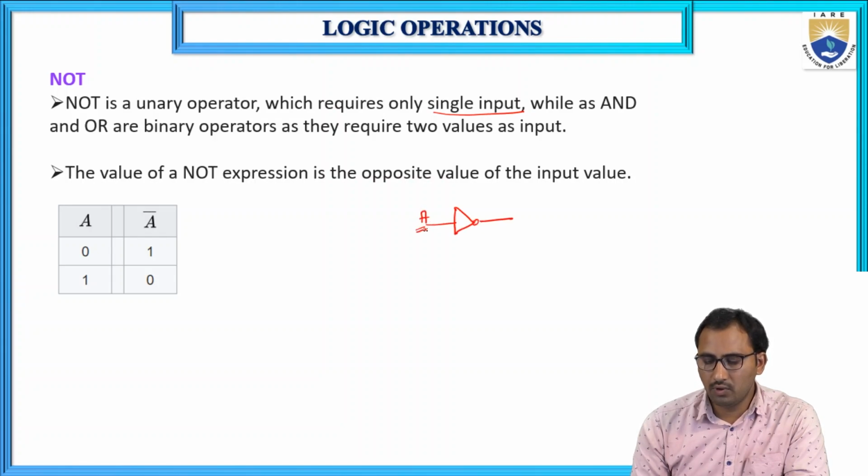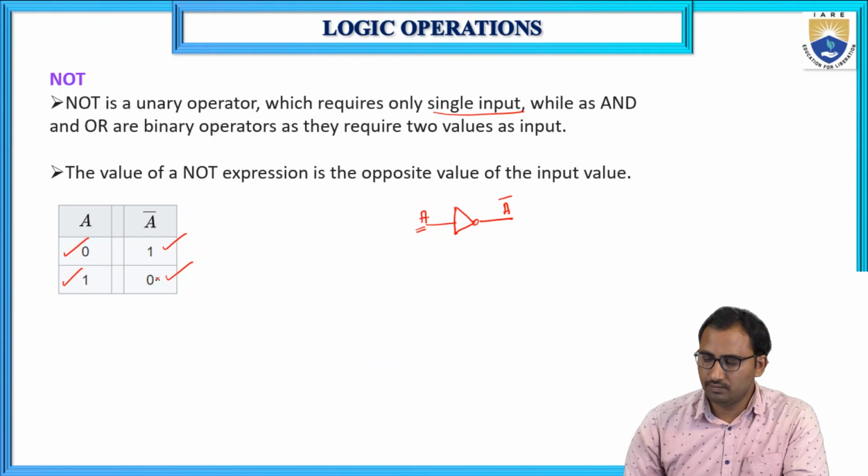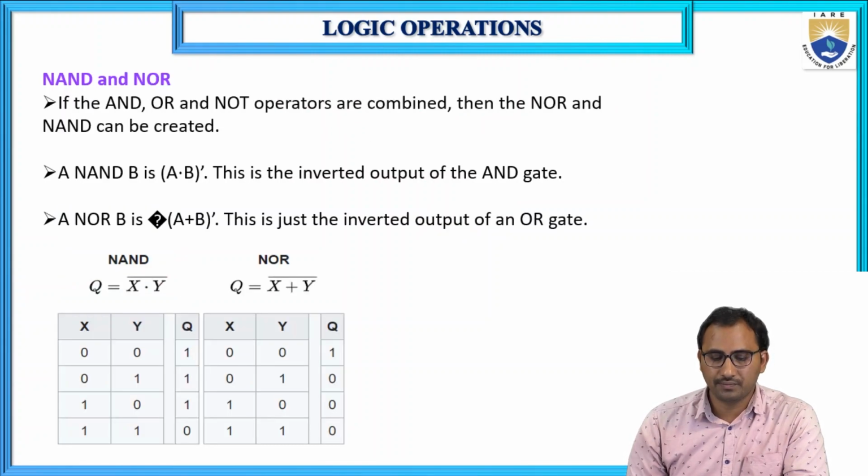If you assume A is the input of the NOT gate, then the output of the NOT gate will be A bar. That means it gives the complement of the given input. If you give the input as 0, it gives the output 1. Similarly, if you give logic 1 as the input, it will give the output as 0. So it will perform the complement operation.